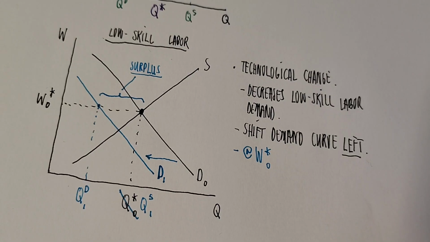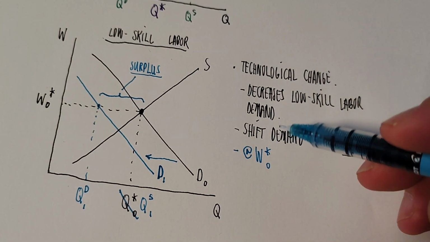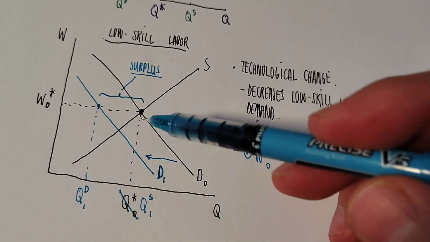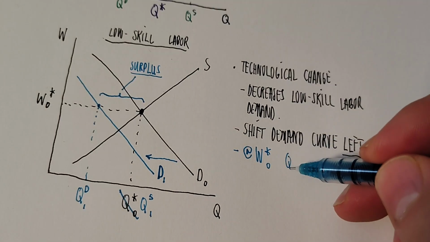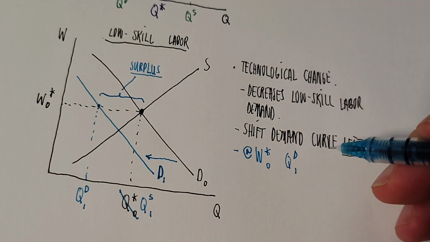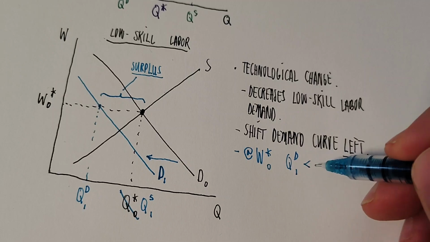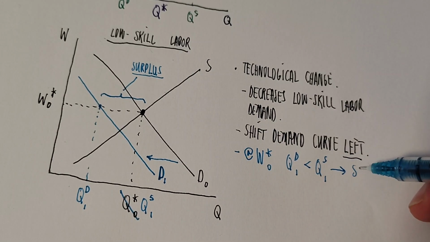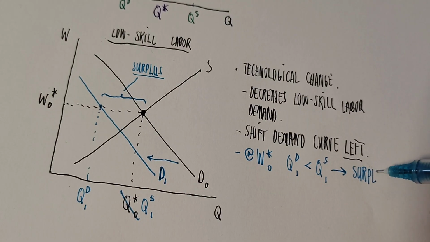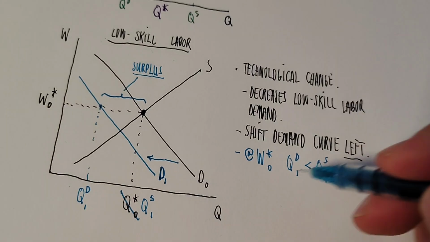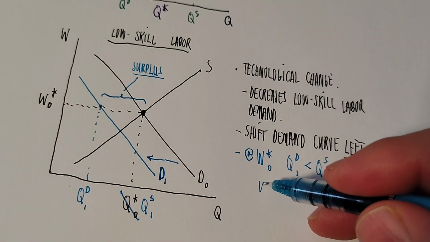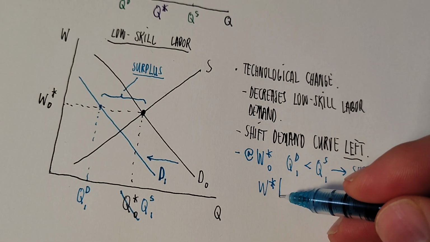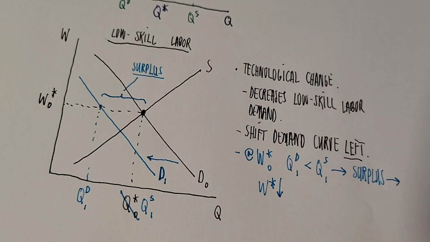And what happens with surpluses? Well, let's write this down so we keep track of everything. So at W star 0, the quantity QD1 is less than QS1, which means we have a surplus, and the equilibrium wage is going to start to fall. So W star is going to start to fall, all right?